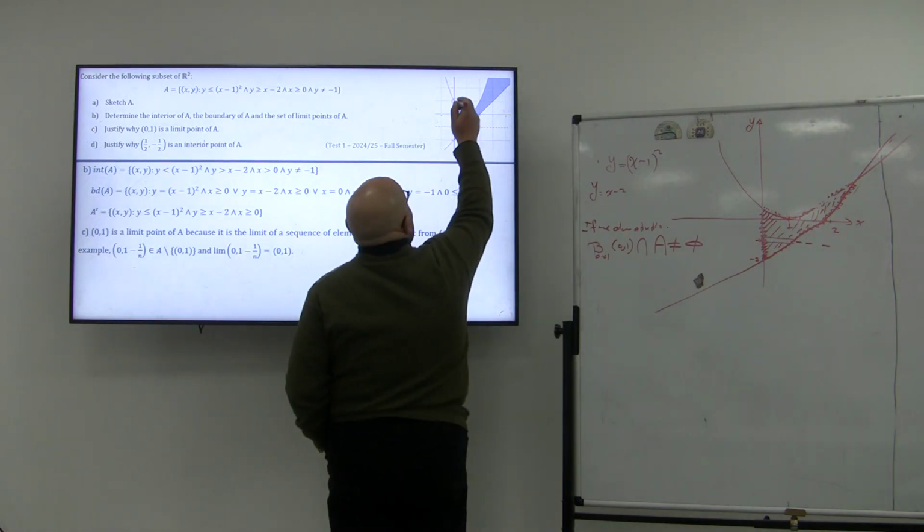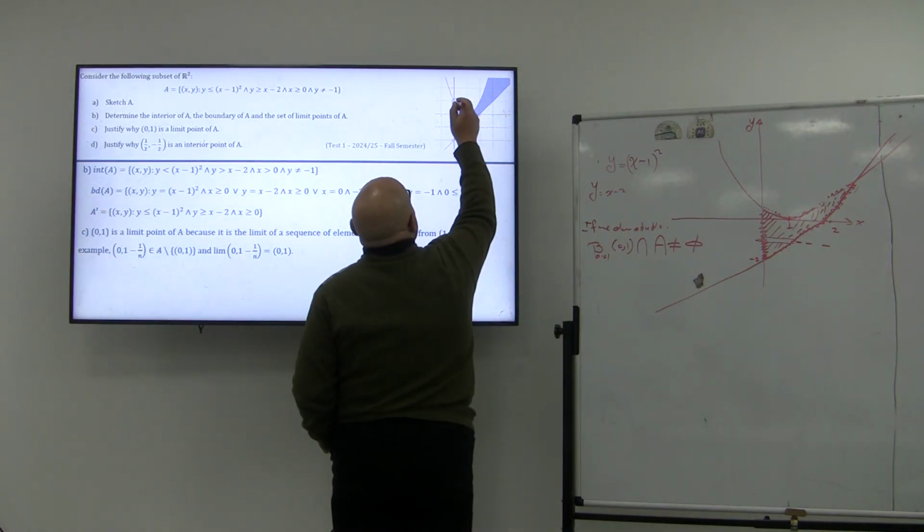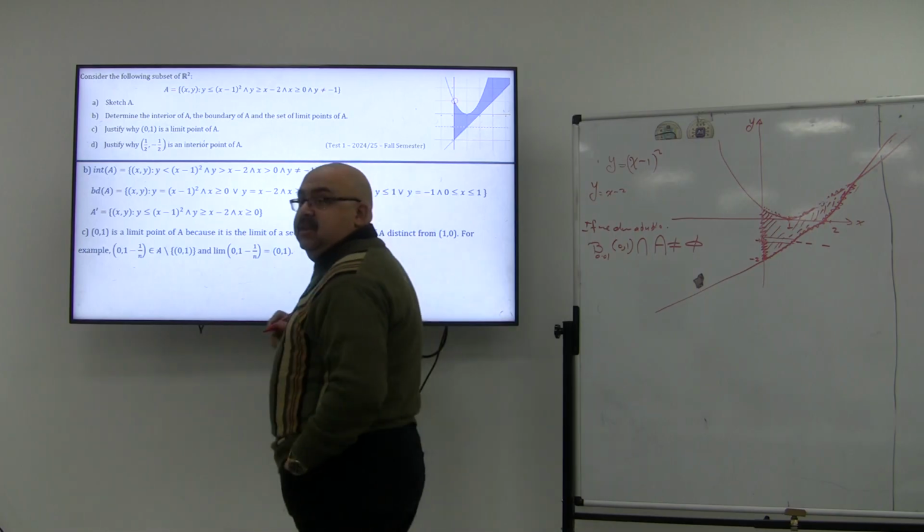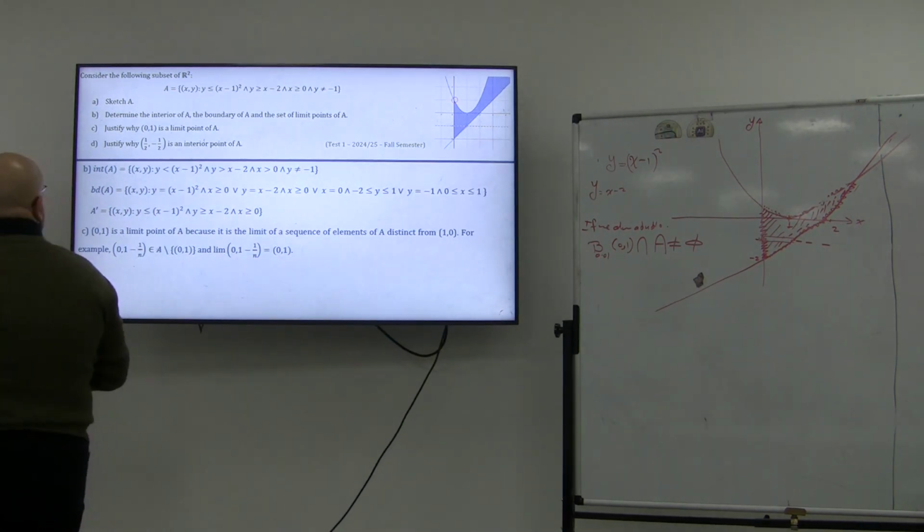As you can see, I still have those points that exist inside this area. So this is why it's a limit point.